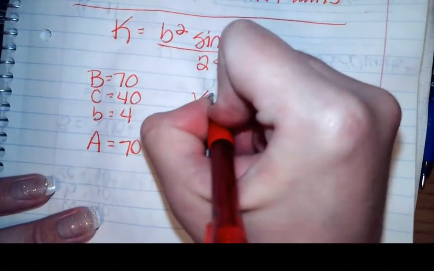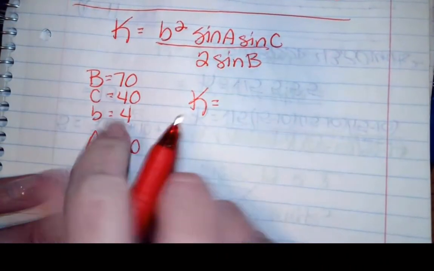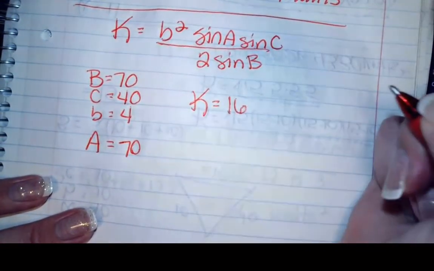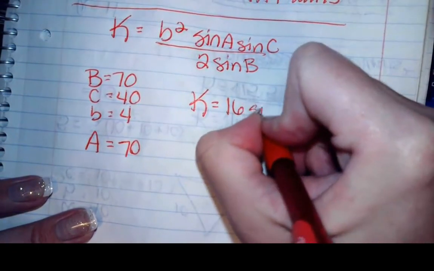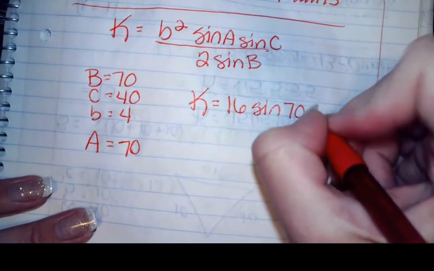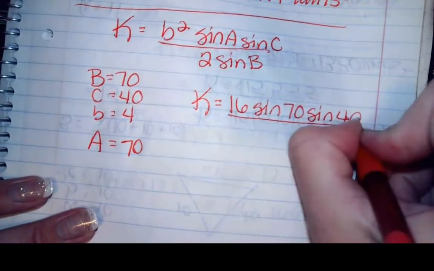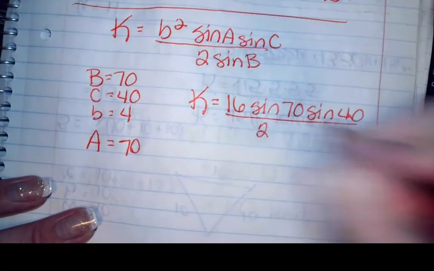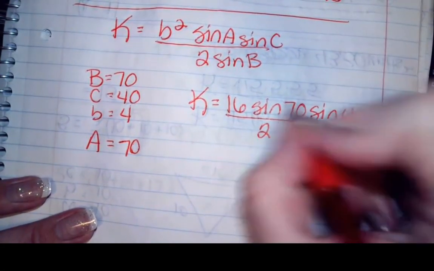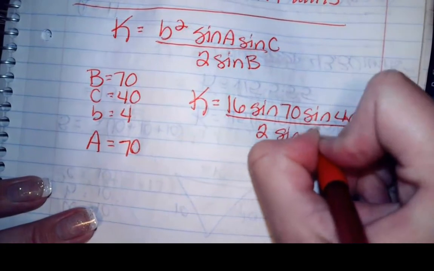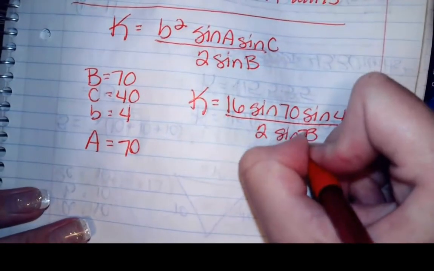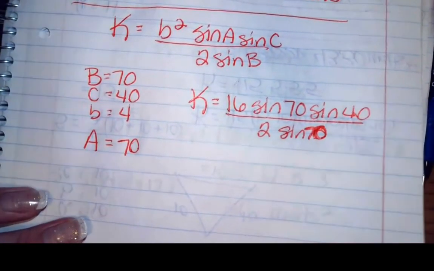So my formula is k equals b squared, which is 16, times the sine of A, which is 70, times the sine of C, which is 40, all over 2, times the sine of B, which is 70.